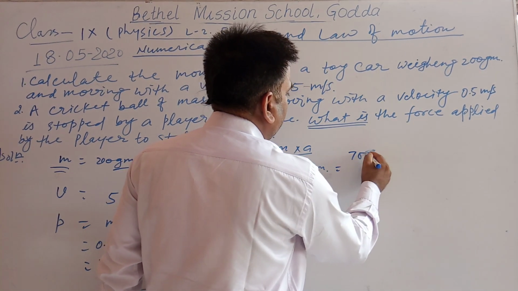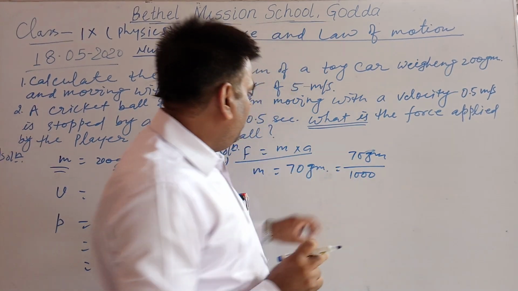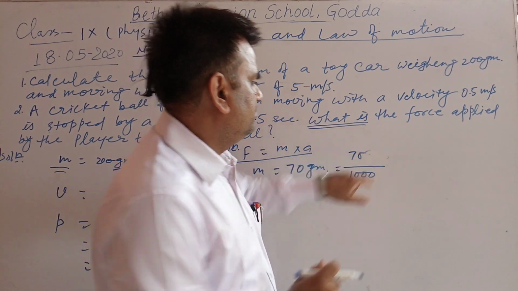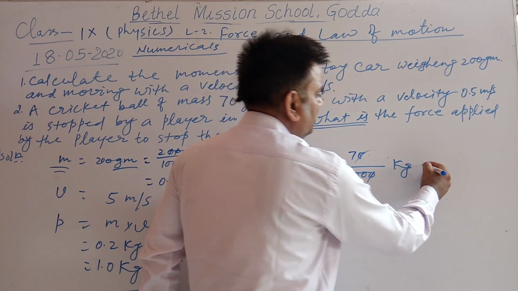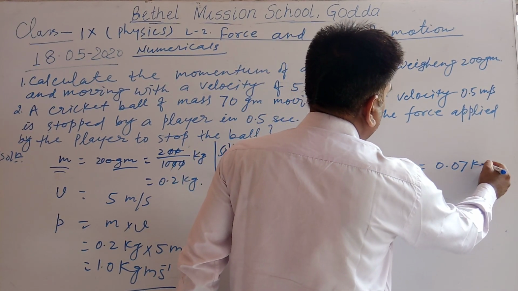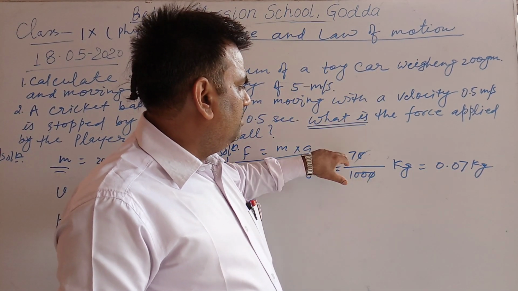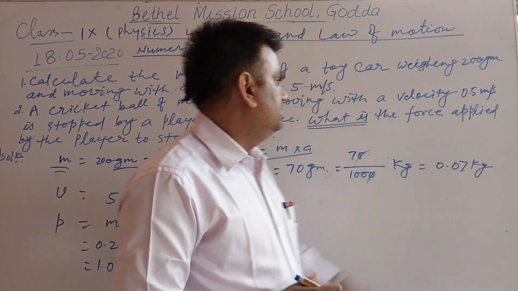So 70 gram divided by 1000 becomes kilogram, which is 0.07 kg. There are 2 zeros in the denominator, so I put 2 decimal places in the numerator.